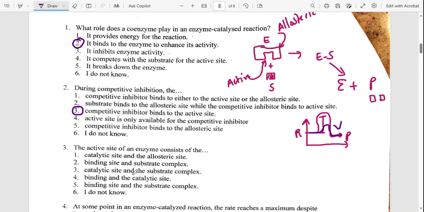Catalytic and the substrate complex, and then binding. Basically, in the active site is where we find the catalytic site, such that when the substrate binds it will be catalyzed, and also the binding site. So it's the binding and catalytic site.